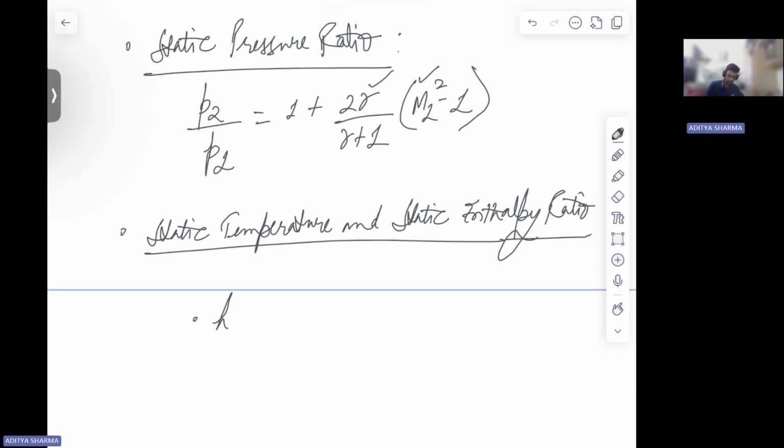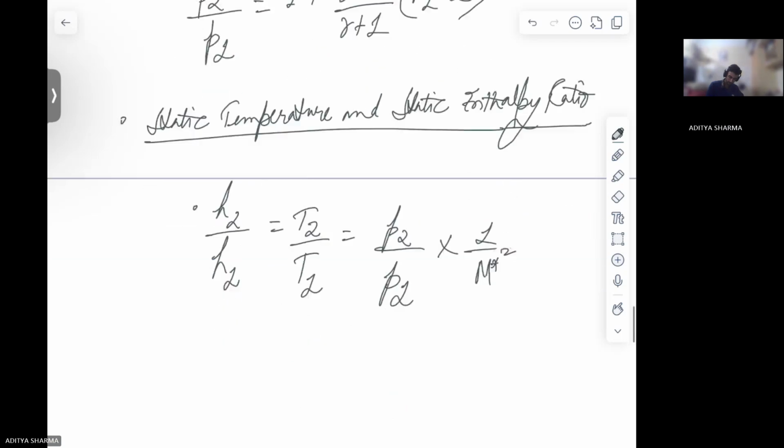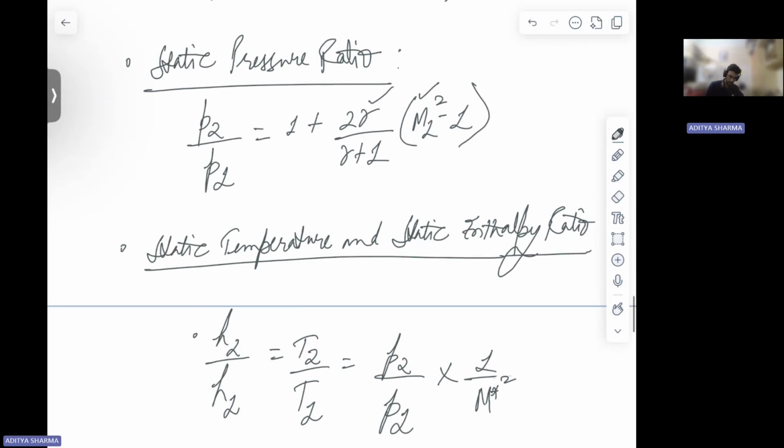So this is like this. It's P2 by P1 into 1 by M star square. Now P2 by P1 you can get from here.